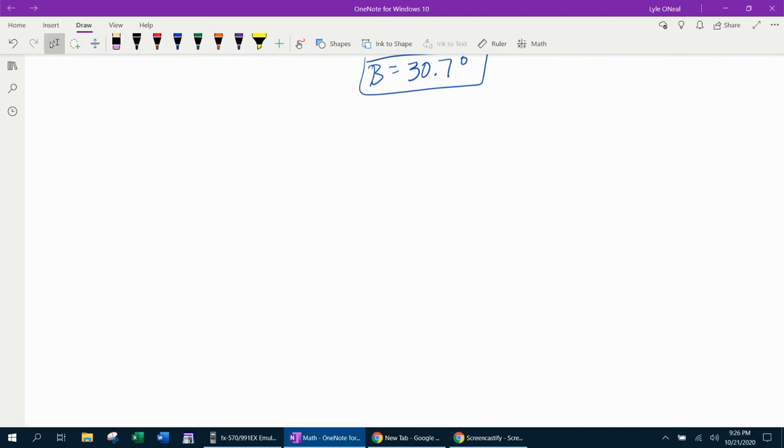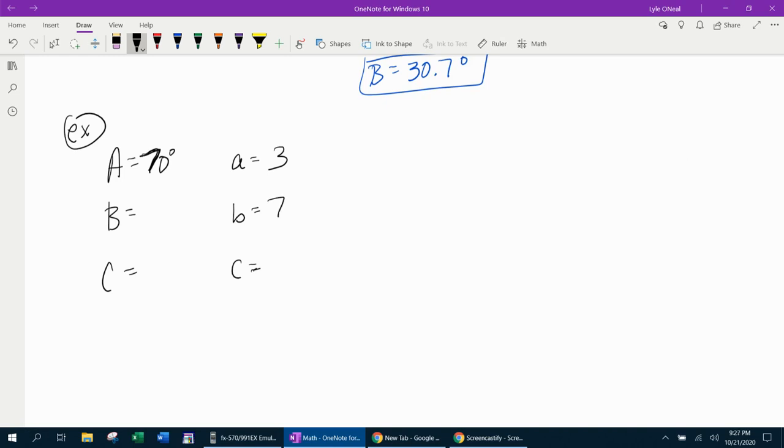Let's do another example. So here we're going to start with angle C is 70, a is 3, and b is 7. So if we look at what we're given here, we're given an angle and two sides. This is a side-side-angle, not a side-angle-side.